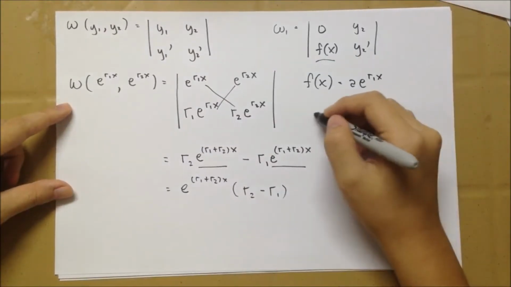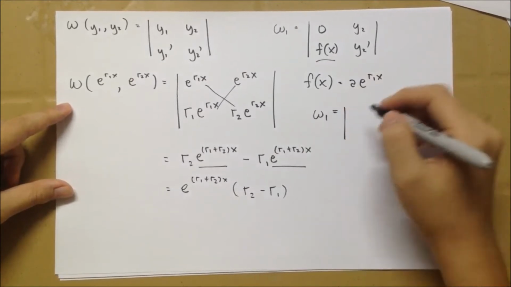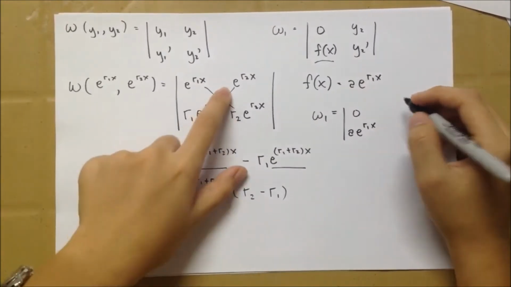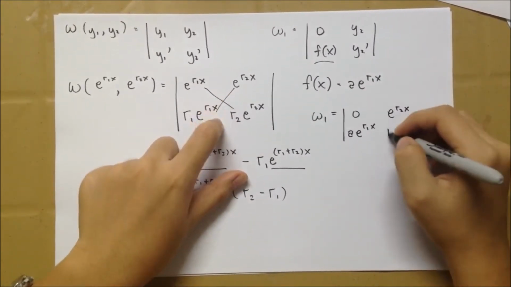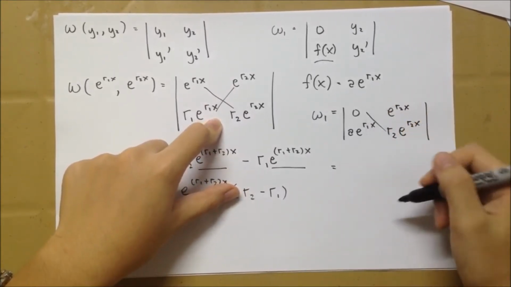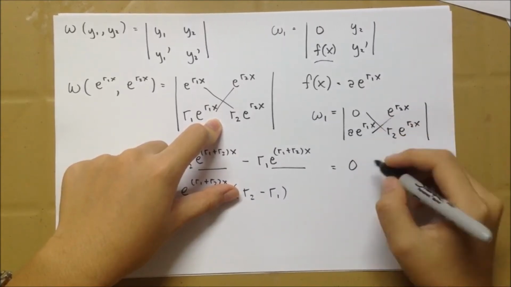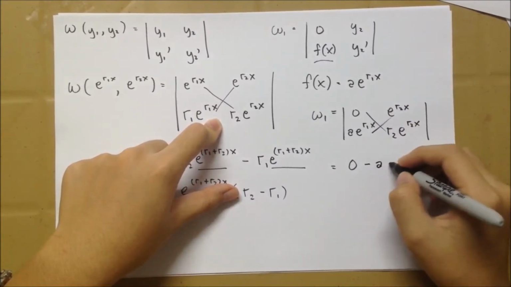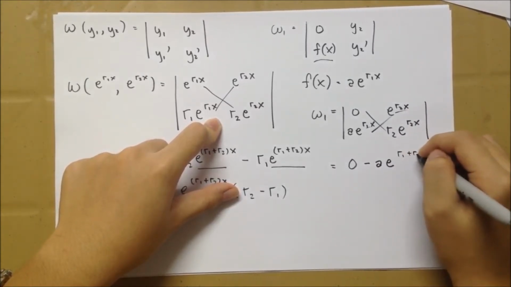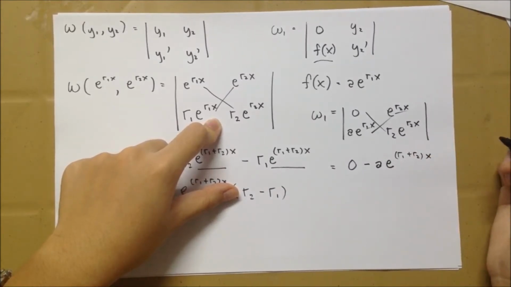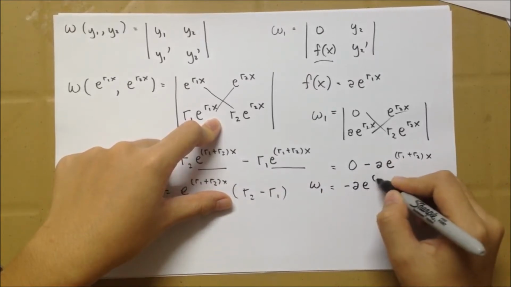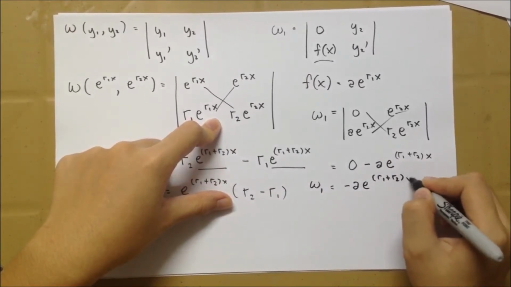So using this, W1 is 0, a e to the r1x, e to the r2x, r2 e to the r2x. That is 0, so we have negative a e, adding the exponents, r1 plus r2 x. So my W1 is negative a e to the r1 plus r2 x.